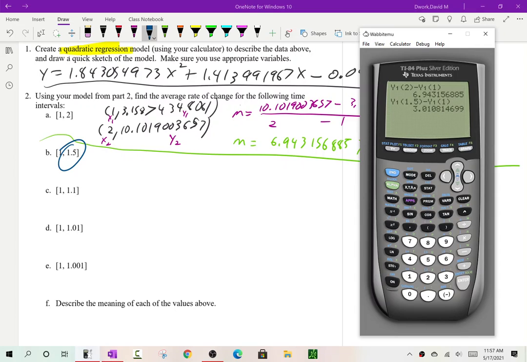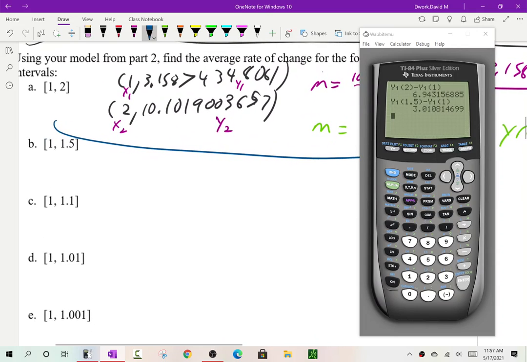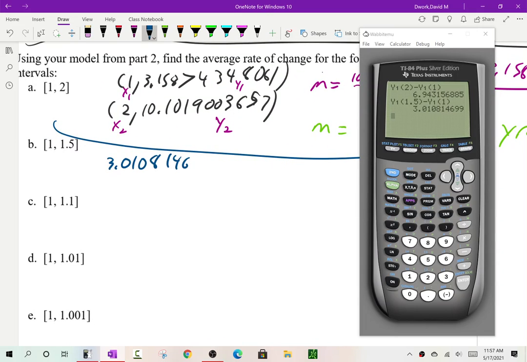So now I know that the y of 1.5 minus the y of 1, that numerator just got spit out for me in the calculator. What did it just spit out? It says my numerator is 3.010814699 divided by 1.5 minus 1. Now this is again math I can do in my head.